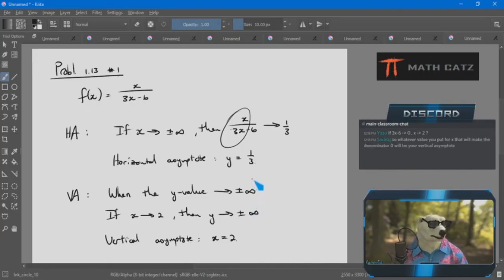So whatever value you put for x that will make the denominator 0, right now, yes, but technically, no. The y value needs to blow up. We're going to see it in the next few days. Just give me some time. Can't do everything at once. But for the most part, yes. Right now, you can think of it that way, and we're going to update that slightly in the next few lectures.